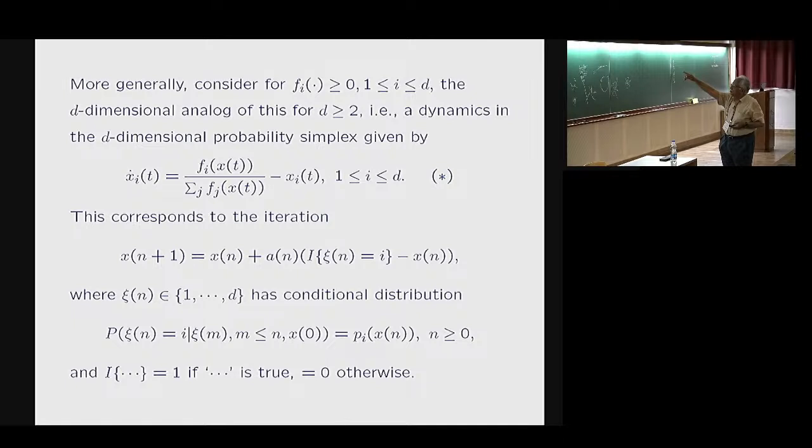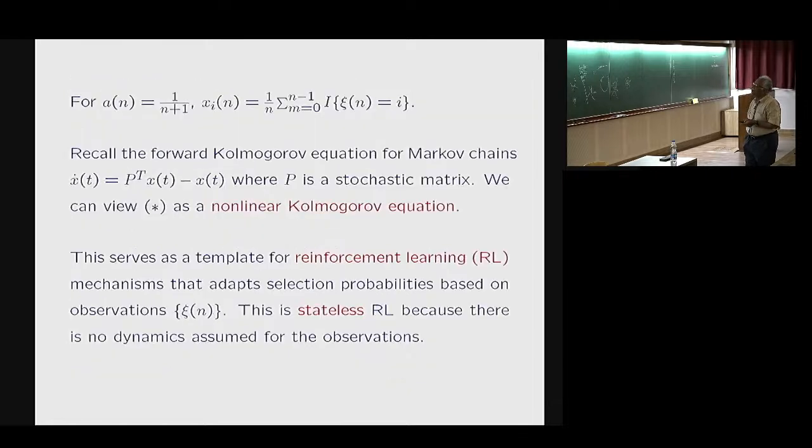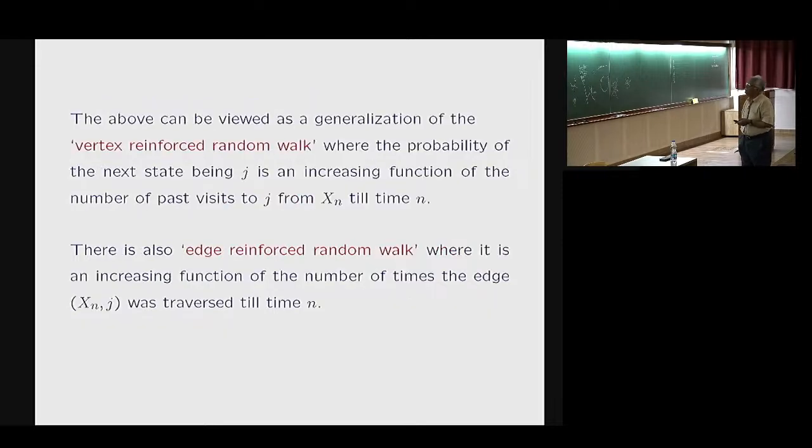That's the limiting differential equation for this iterate, where psi n satisfies, and this should have been psi n plus 1, the conditional probability that psi n plus 1 is i given the past is pi of xn. Now, in the scalar case it converged; in general it need not, but you do find some.